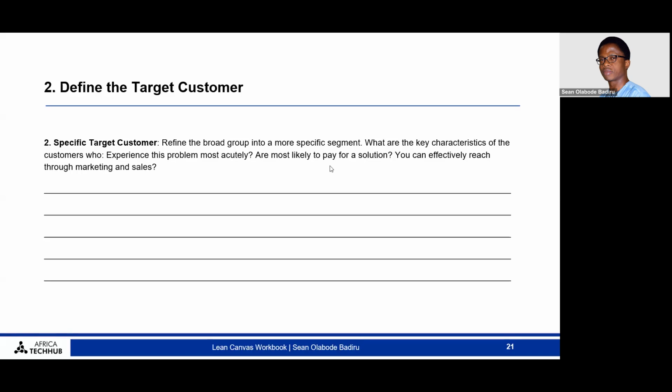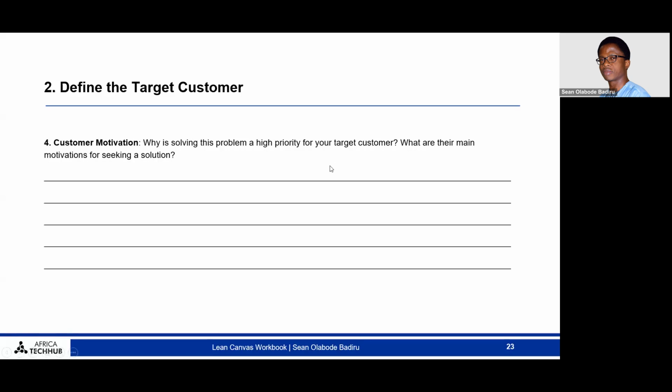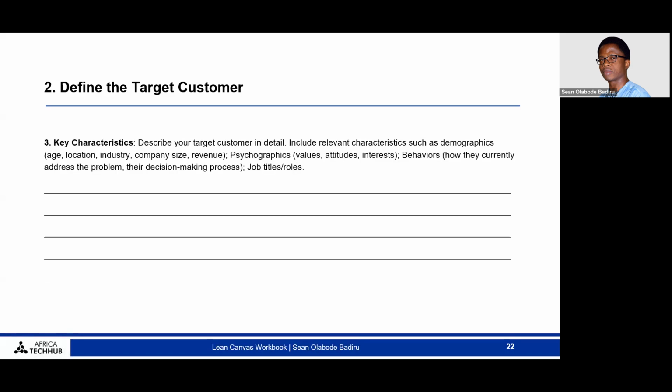So let's move on because of our time. Customer motivation. No, let's look at key characteristics first. Describe your target customers in detail. We have said these customers, what did we call them now?